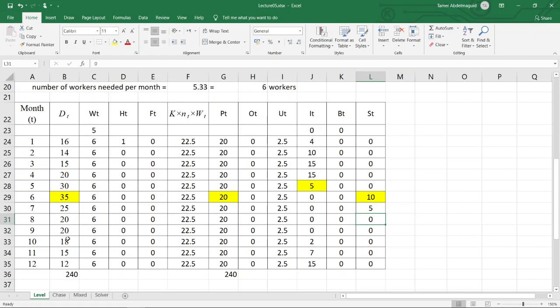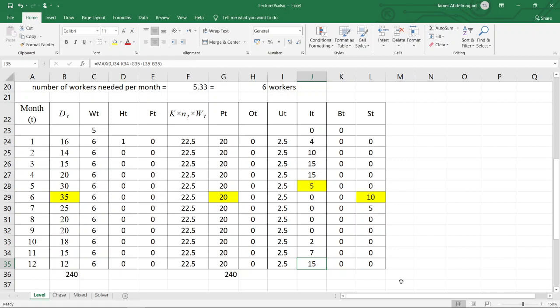Now, at the end of the planning horizon, the last 3 periods here, you see the demand started to be lower than the available production capacity. So what does this mean? This means you are going to have inventory kept, and as a matter of fact, you will end up having 15 units of inventory kept at the end of the planning horizon.